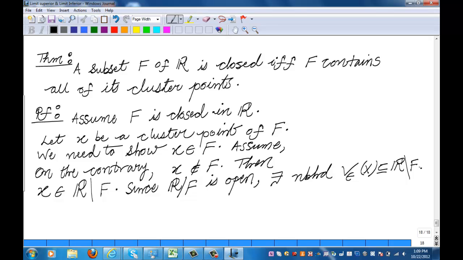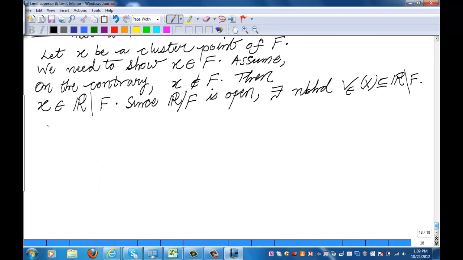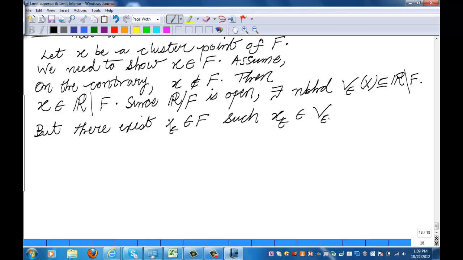So every neighborhood of X is supposed to contain a point of F. So there exists x epsilon in F such that x epsilon is in the epsilon neighborhood of X as well.